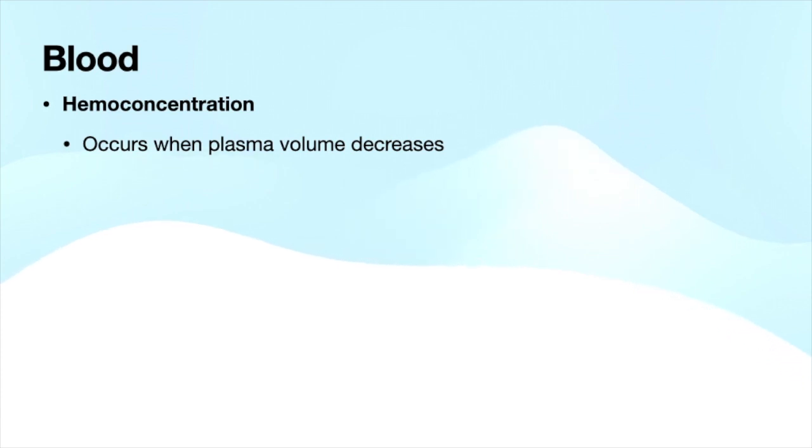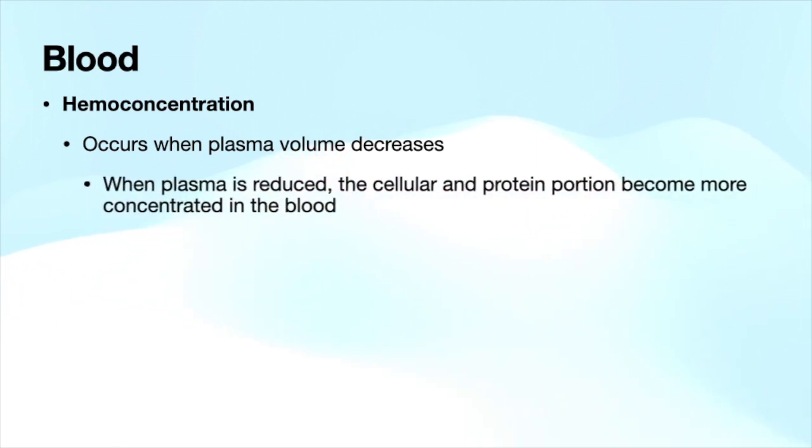Your hematocrit levels could be the same or increased. When plasma is reduced, the cellular or protein portion becomes more concentrated in the blood.